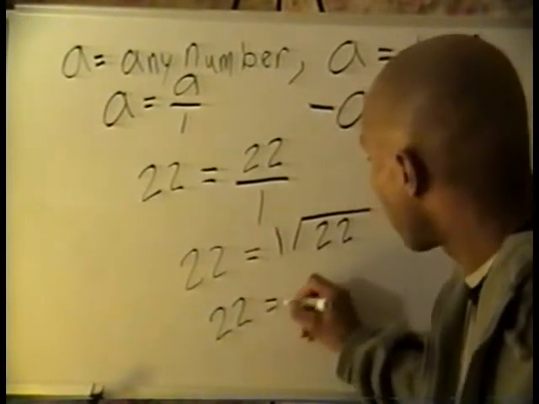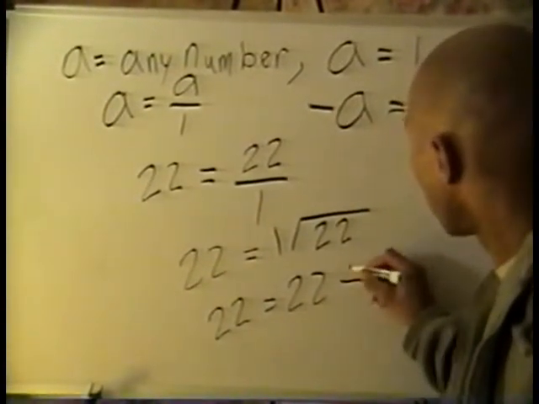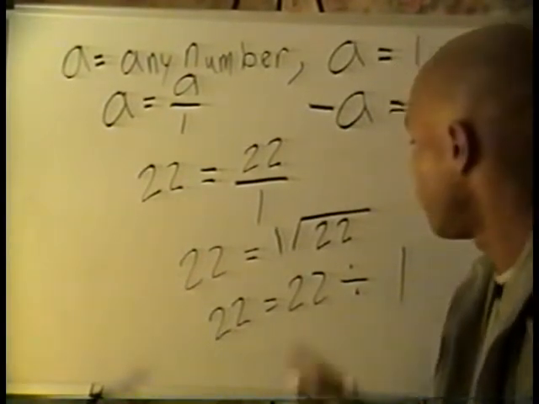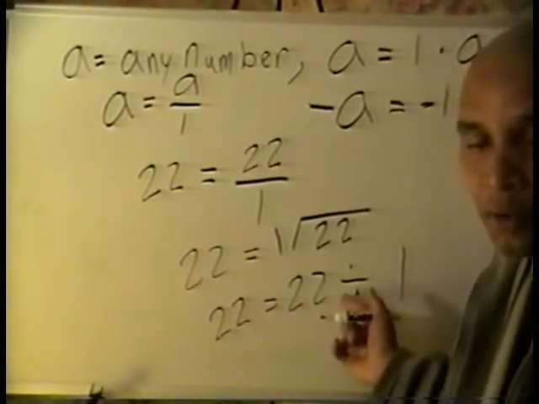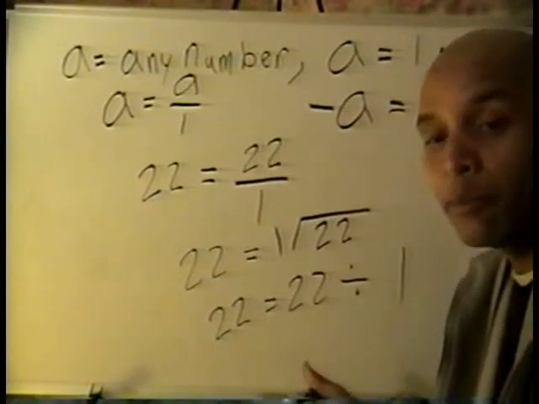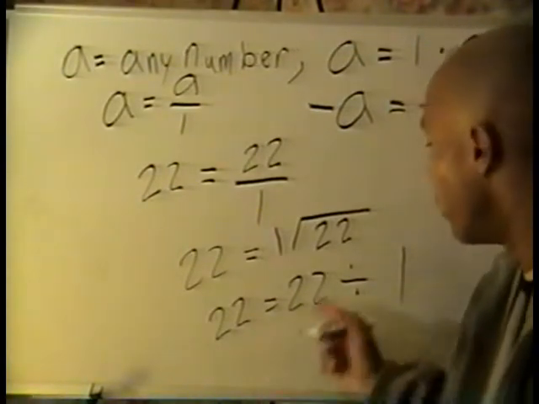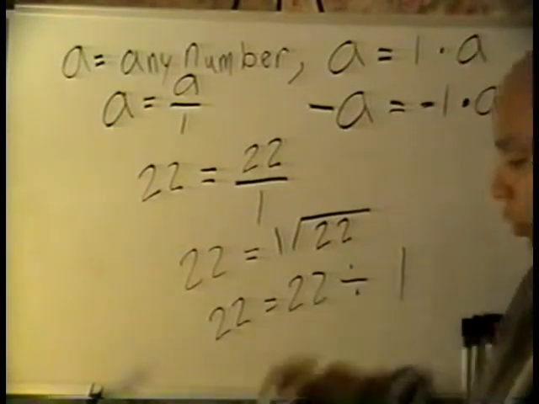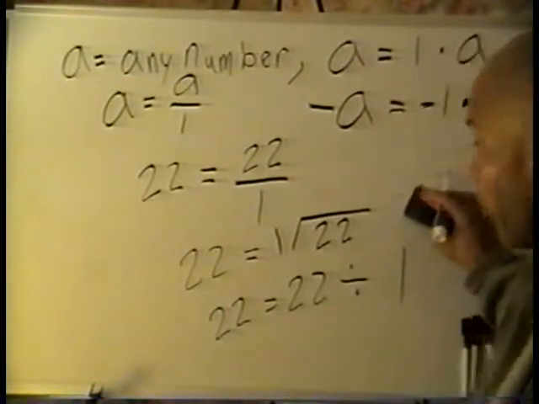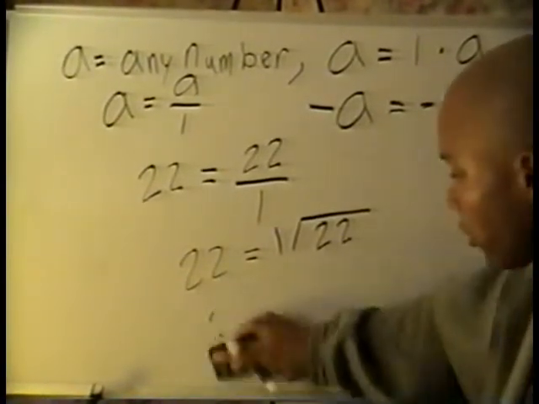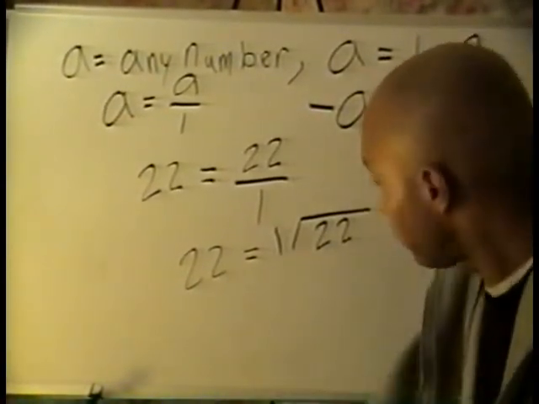I don't use this symbol because I can't work with that. If you figure out a way to work with it, somebody email me, and then I might teach how to do that. But it doesn't work for anything. It's just a symbol, so I don't use it because it's not useful.